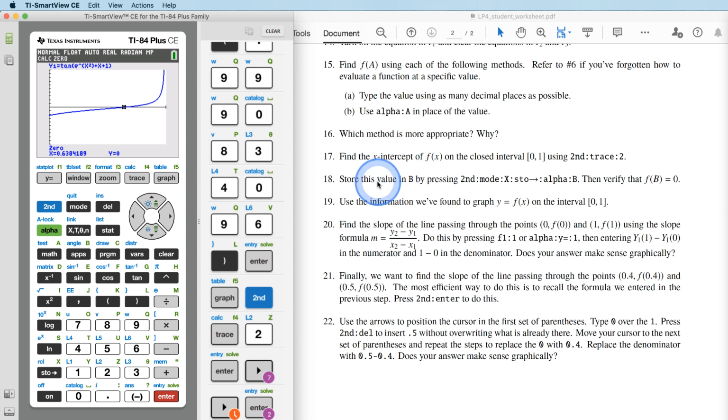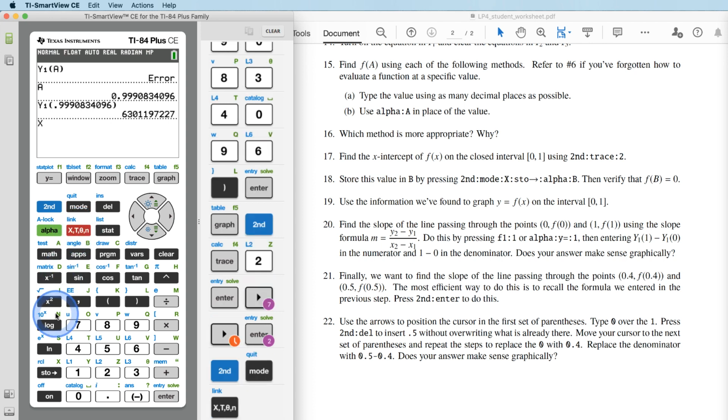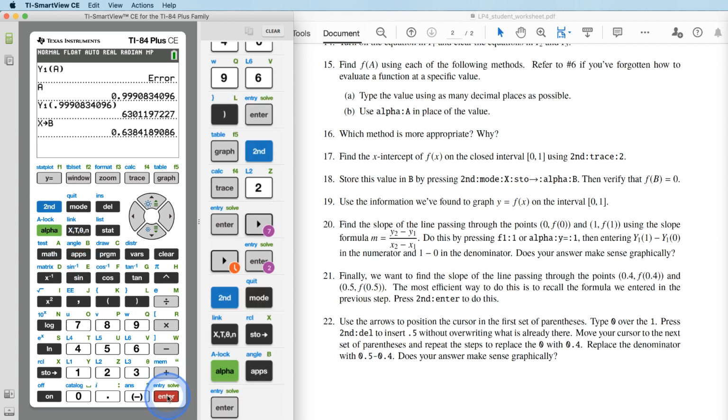Actually, step 18 does ask us to do that. Store this value in B and verify that f of B equals 0. Okay, so right now that value is x, and we're going to take that x value and store it as B. So alpha B, enter. That is our x value of our x-intercept.